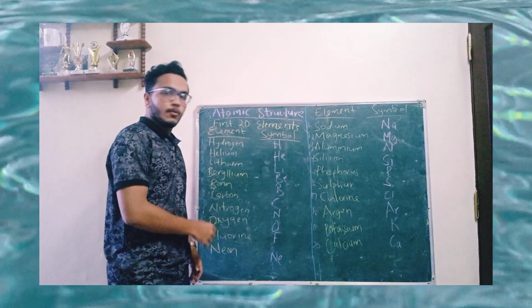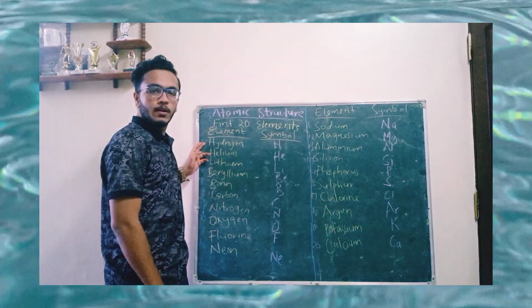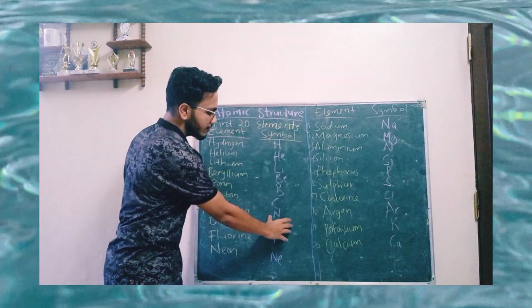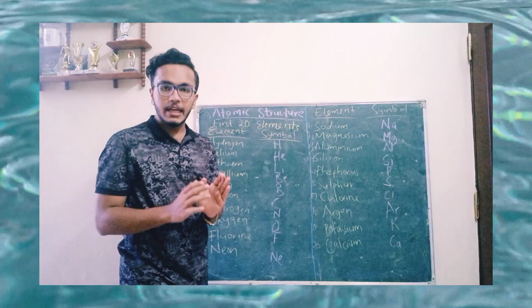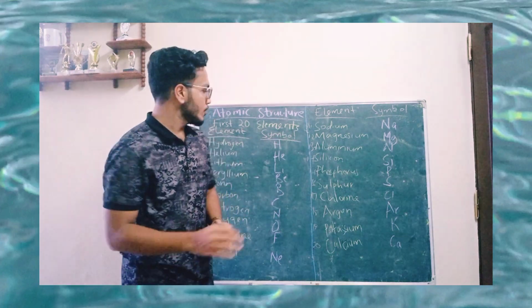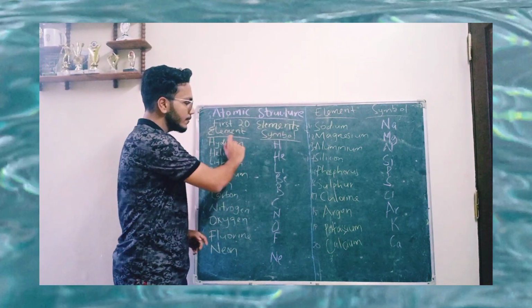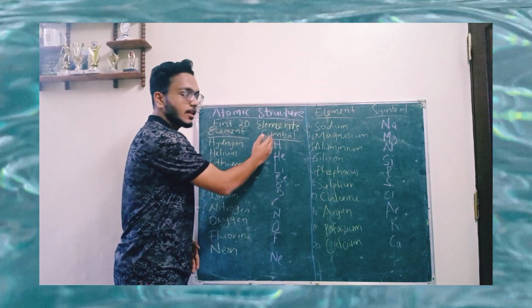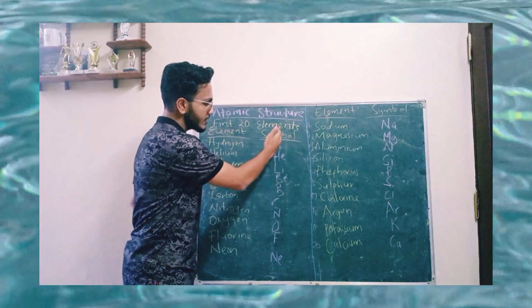The first 20 elements are as follows. First, we have hydrogen, which is represented by H. These elements have chemical symbols as representation. In chemical equations or chemical formulas, you will not be using the whole name, like hydrogen. No, you will be using the chemical symbols, which are as follows.